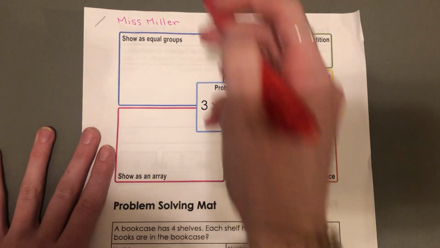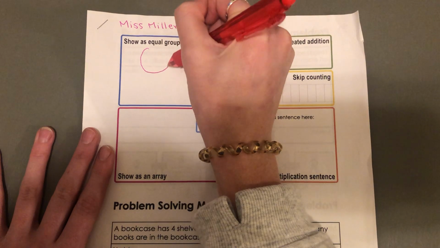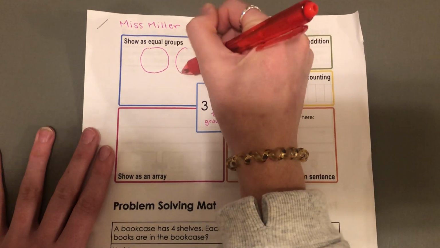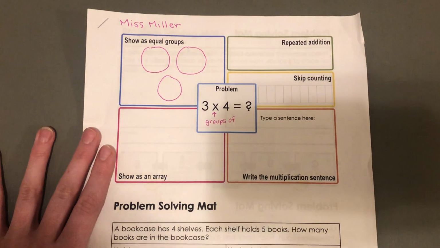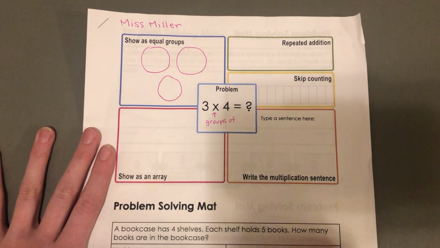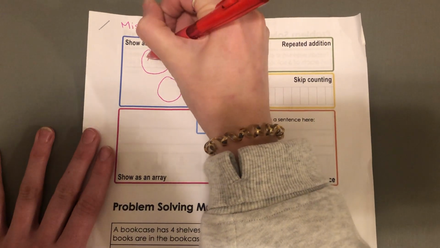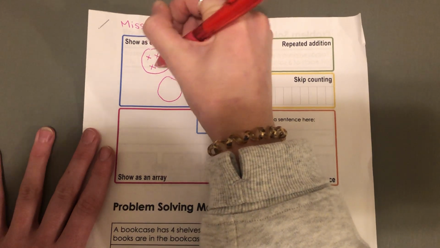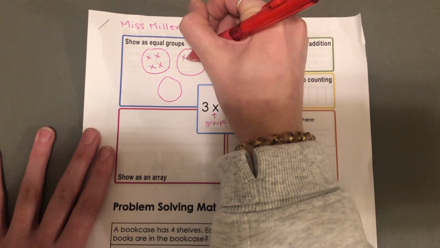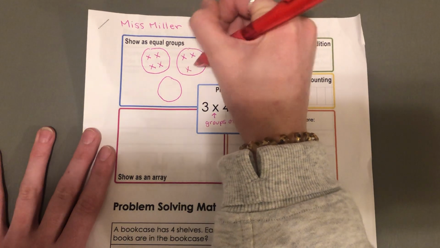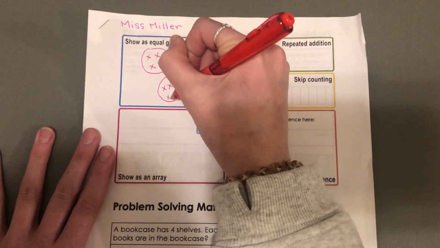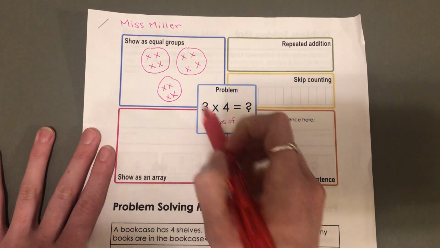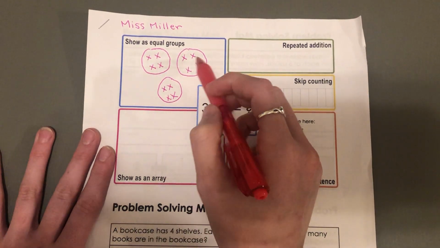So that tells me that I'm going to have 3 equal groups of 4. So that means that there's going to be 4 in each. So I'm going to go ahead and draw those 4 in each circle. So I've got 3 groups, and there's 4 in each.